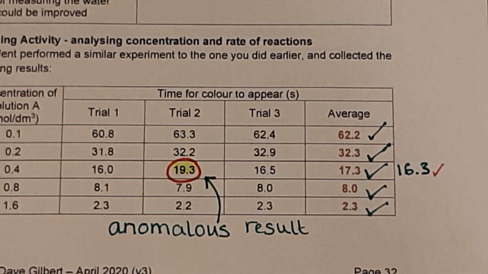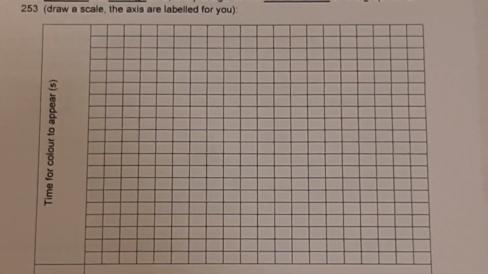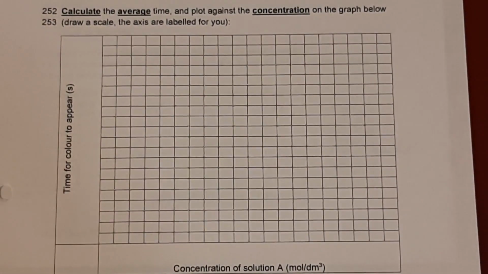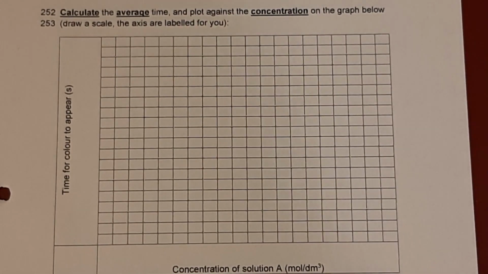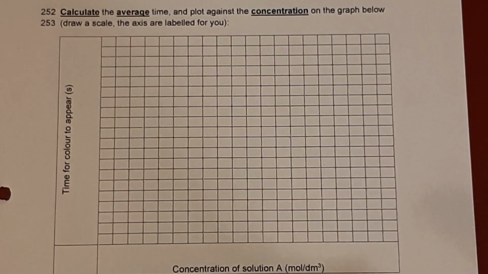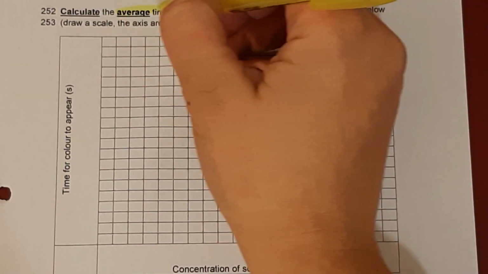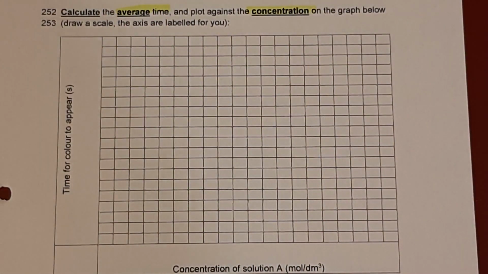The next task is on page 33, where you need to use the values we've just calculated to draw a graph. It says calculate the average time, which we've done, and plot the average time against the concentration on the graph below.